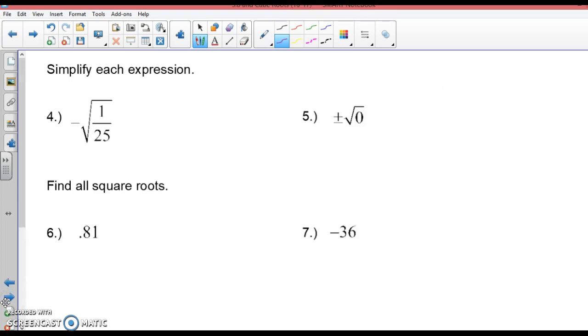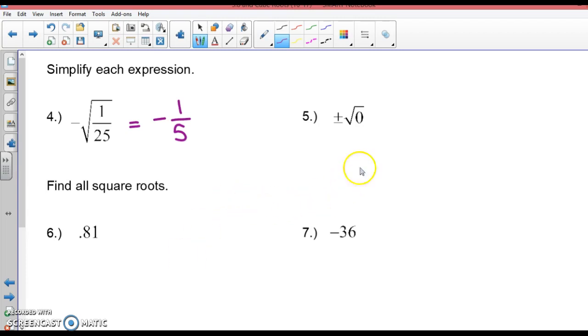All right, now, this one, the opposite of the square root of 1/25 is negative 1/5. Take the square root of the numerator and denominator separately, and you're carrying along this negative. Generally, when they ask you for a square root, you use the principal square root, which is positive, unless it says find all.